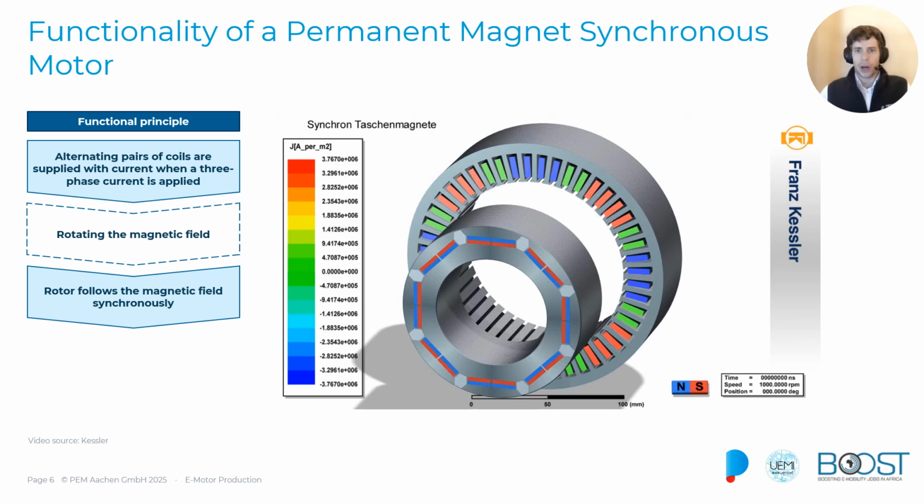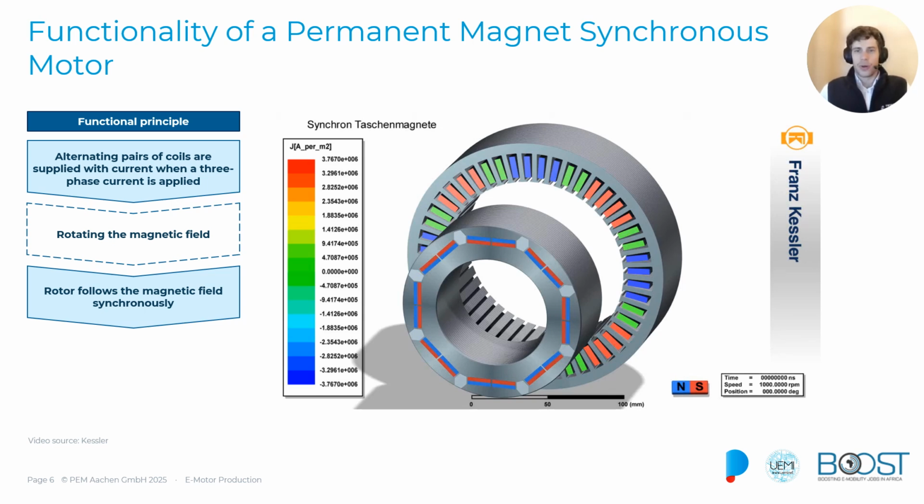If we apply a three-phase current and the supplied coils are changing, the magnetic field starts to rotate, while the stator as a part itself, as its name says, doesn't move at all.